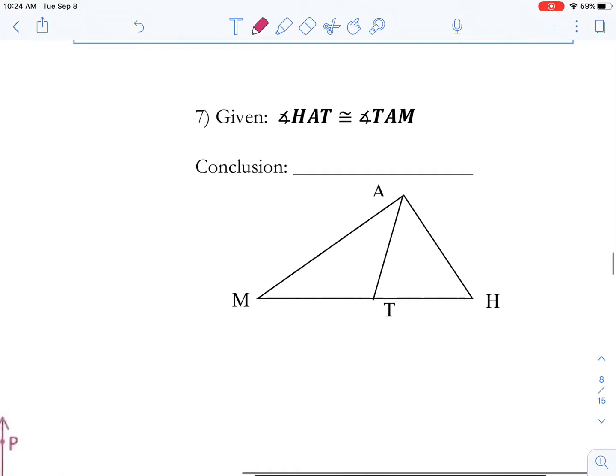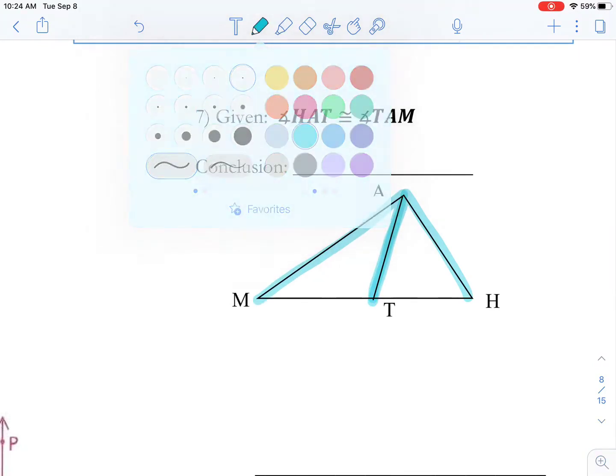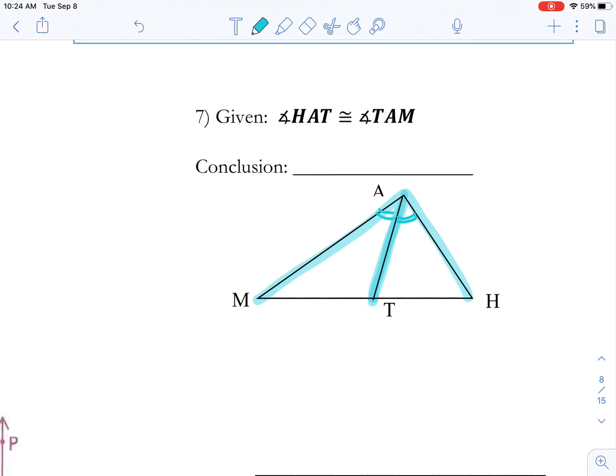Let's try number 7. The given information is that angle HAT, so starting at H, going to A, ending at T, this angle, HAT, is congruent to angle TAM. So the given information is that these two angles are congruent. If we know that two angles are congruent, then what else can we say is true about the diagram?